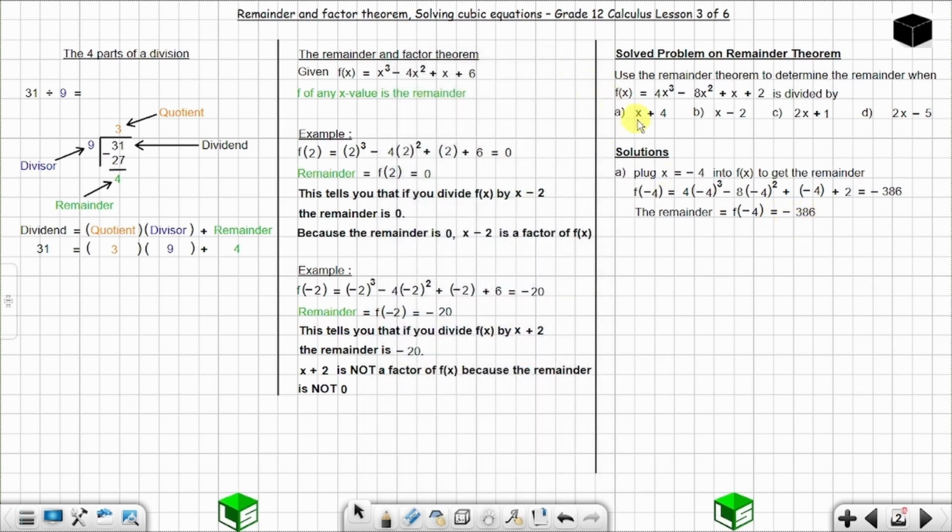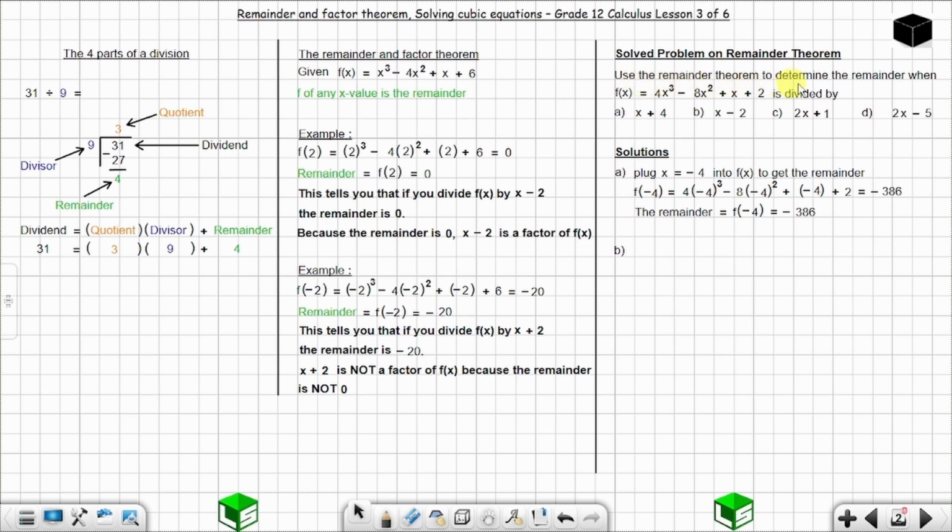Okay, so it means if you take this f of x, you divide by x plus 4, what will be left will be negative 386. If you divide this f of x by this x plus 4, the remainder, what will be left over, will be negative 386.